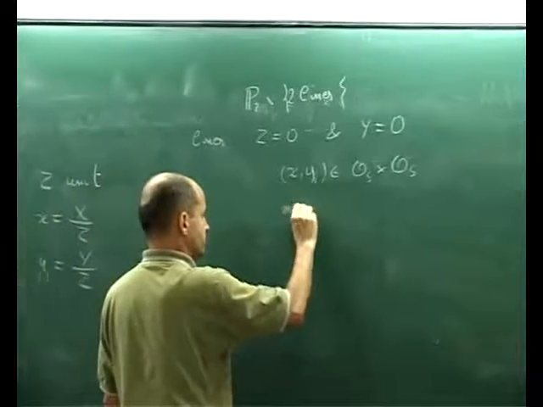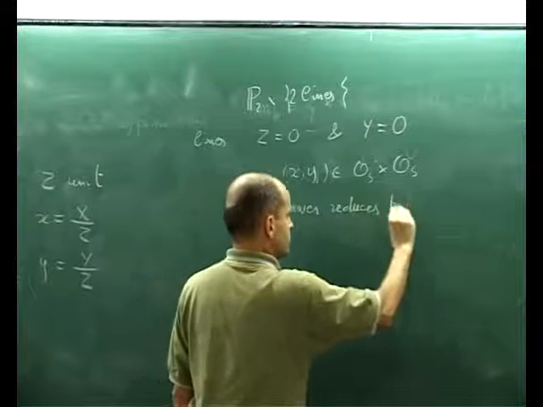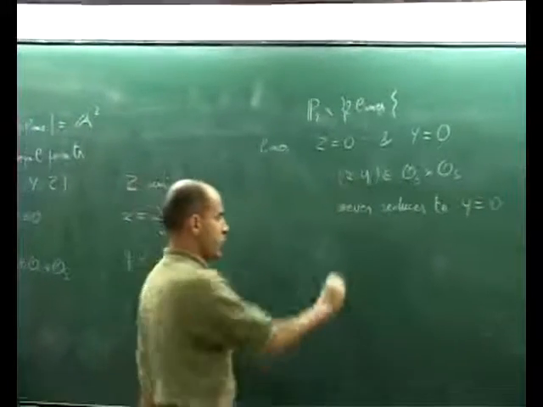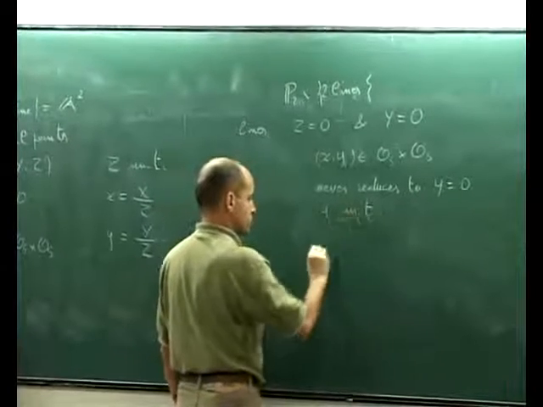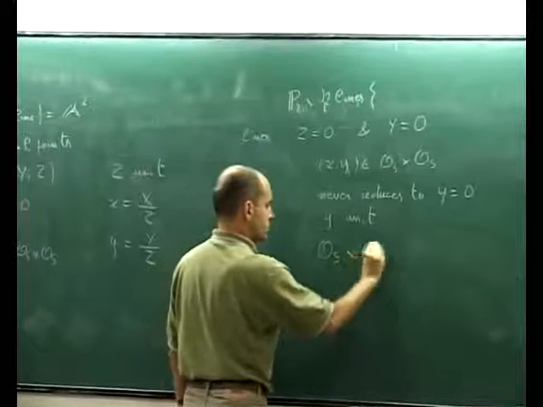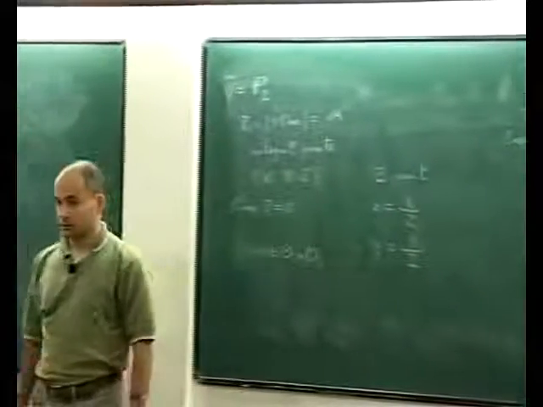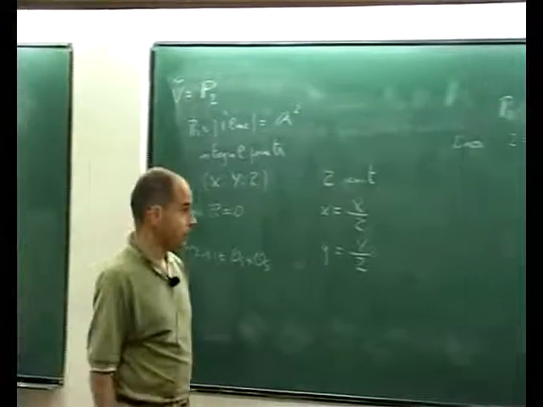Never. So it means that y is a unit. So we obtain OS cross times OS. This is the set of integral points on the complement of two lines in P2.